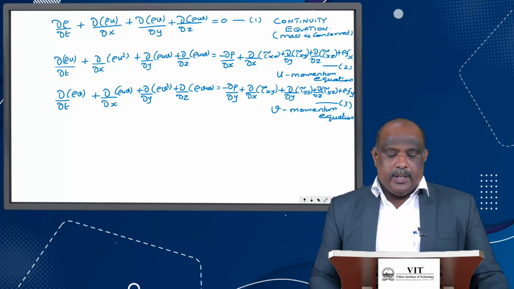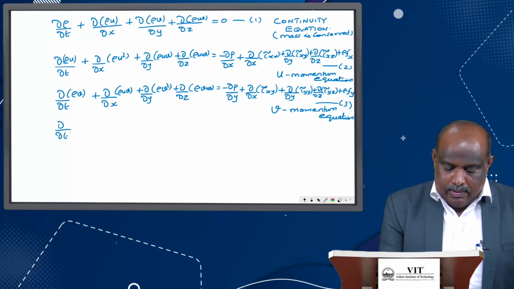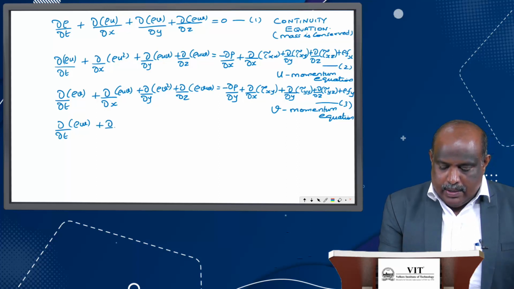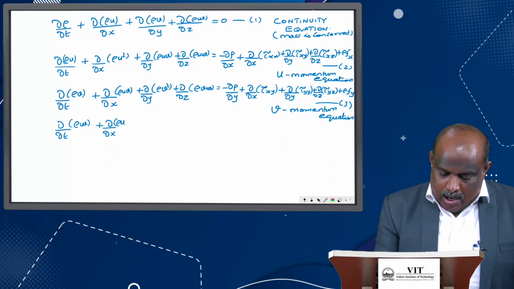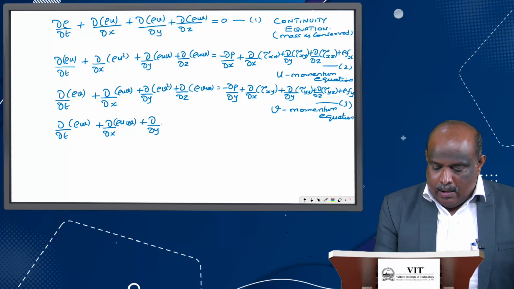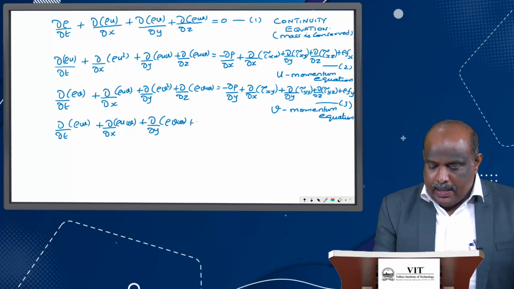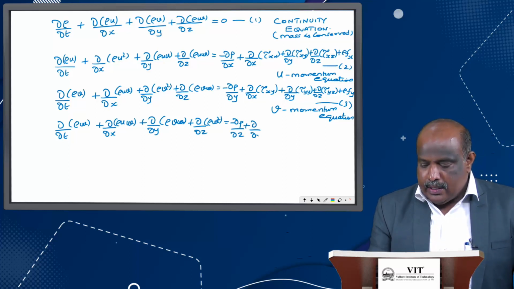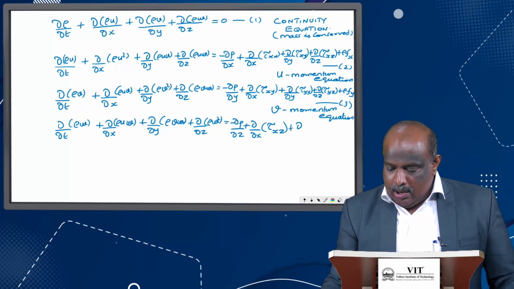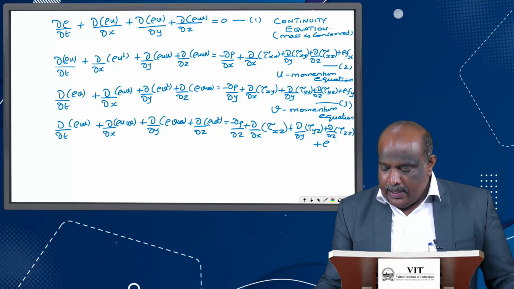Similarly, I can write the w momentum equation also. So it is ∂/∂t of ρw plus ∂/∂x of ρuw plus ∂/∂y of ρvw plus ∂/∂z of ρw² is equal to minus ∂p/∂z plus ∂/∂x of τxz plus ∂/∂y of τyz plus ∂/∂z of τzz plus ρ into fz.